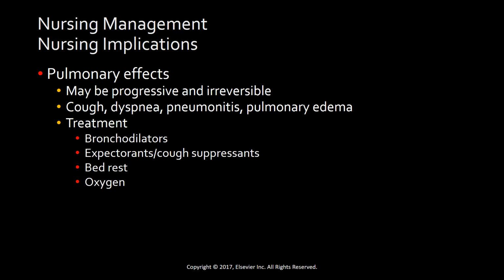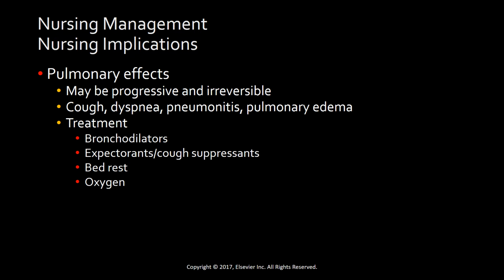The most common toxicities associated with chemo include pulmonary edema or fluid retention, hypersensitivity pneumonitis, interstitial fibrosis, and pneumonitis due to an inflammatory reaction or destruction of alveolar capillary endothelium.